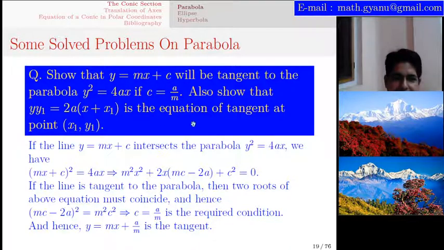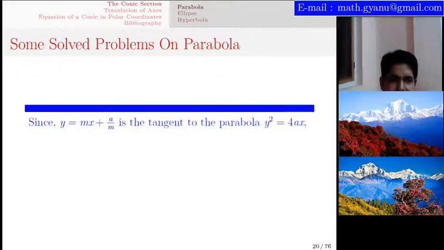Now for the second part we have to derive the equation of tangent yy1 equal to 2a times x plus x1. To derive this equation we will go through this result. Since y equal to mx plus a by m is the tangent to the parabola y square equal to 4ax, we find the point of contact by solving these two equations, y equal to mx plus a by m and y square equal to 4ax.